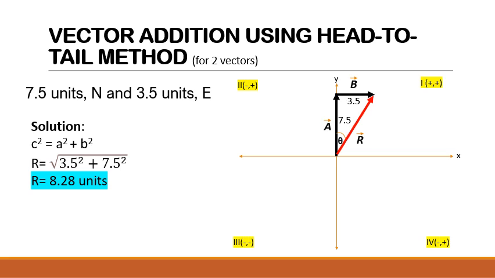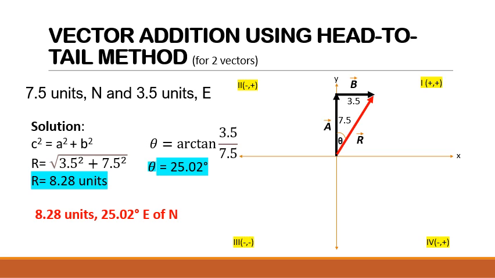Get the square root and you will arrive at this answer, 8.28 units. And to get the angle, you have to get the quotient of 3.5 and 7.5. Get the arctangent and you will see the answer, 25.02 degrees. And our final answer is 8.28 units, 25.02 degrees east of north.